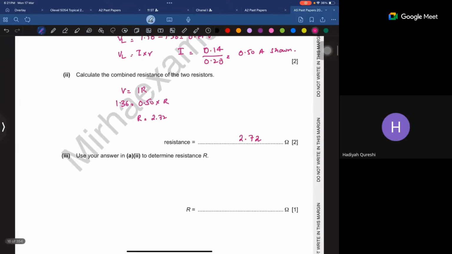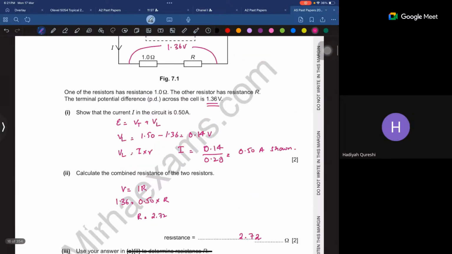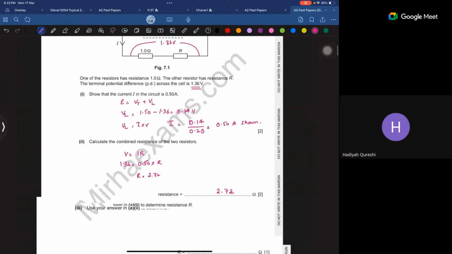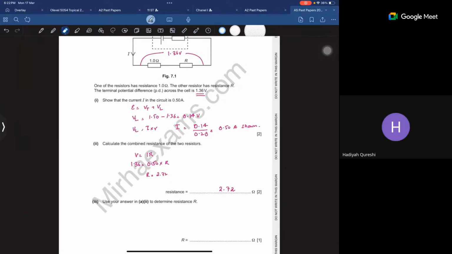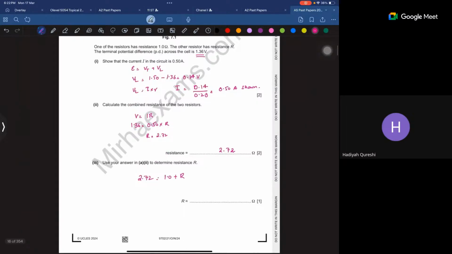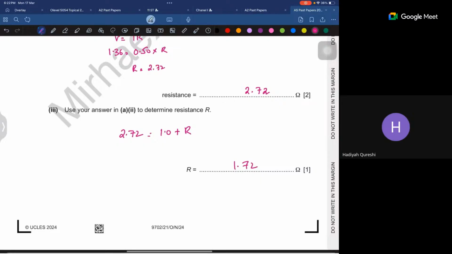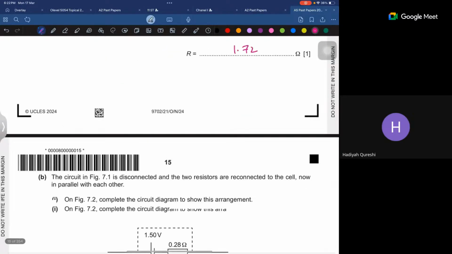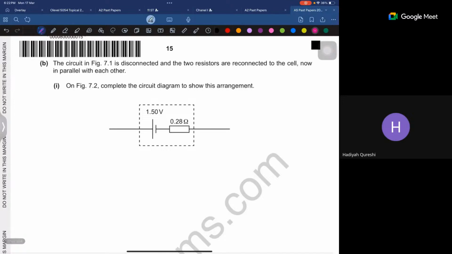Then it says use your answer to determine R. What kind of question is this? This is like O levels, literally O levels. So 2.72, because that's in series, is 1.0 plus R. So it's going to be 1.72. Oh my goodness, what type of question? I think they just gave a filler question. They were thinking, what do we do? Let's give the easiest question ever.